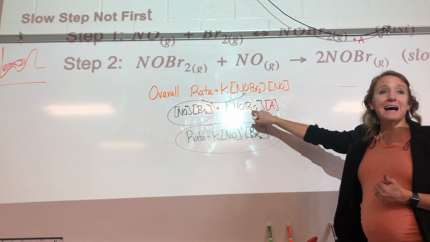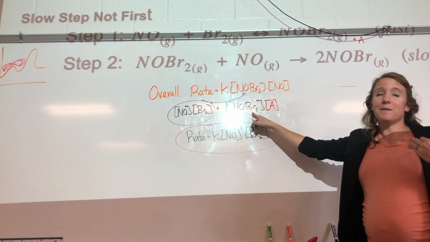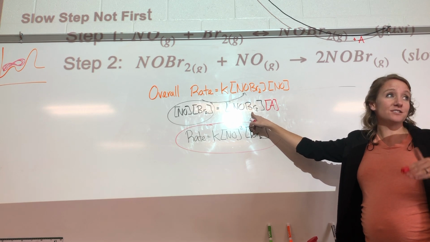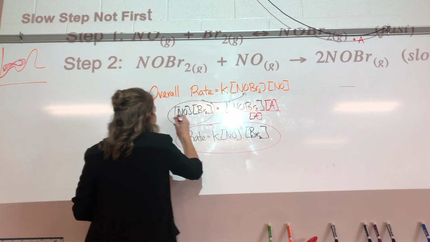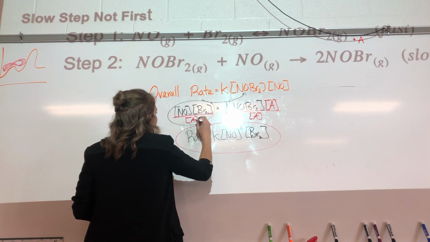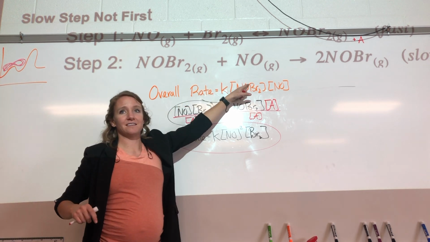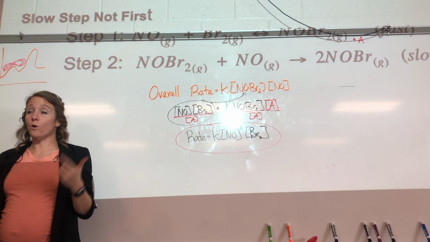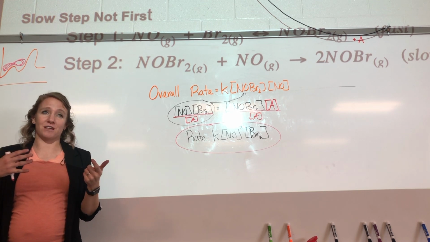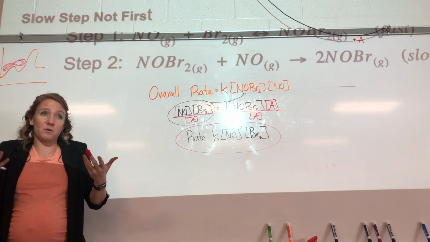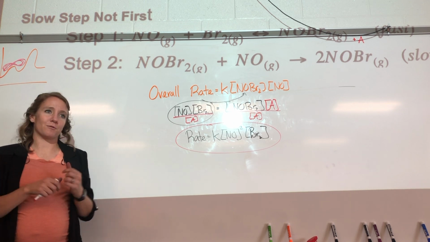We still have to isolate just NOBr2. It makes your rate law look a little strange, but you would have to divide the A to the other side and then substitute that whole thing in. Your overall rate law might have a fraction in it, and that's okay. It looks a little weird, but that's also how you get negative rate orders and things like that.